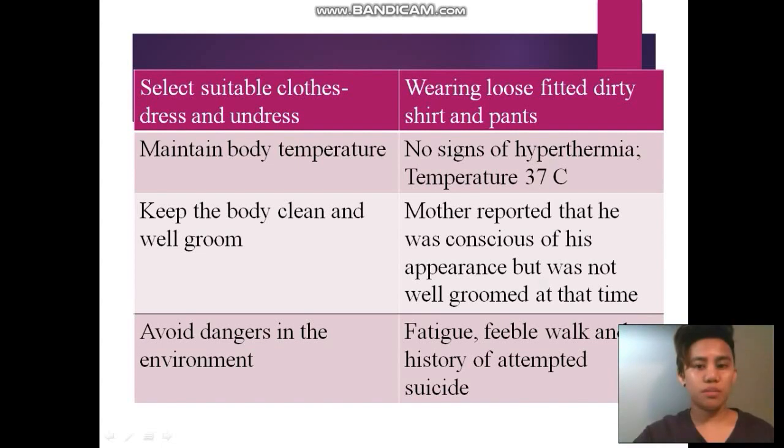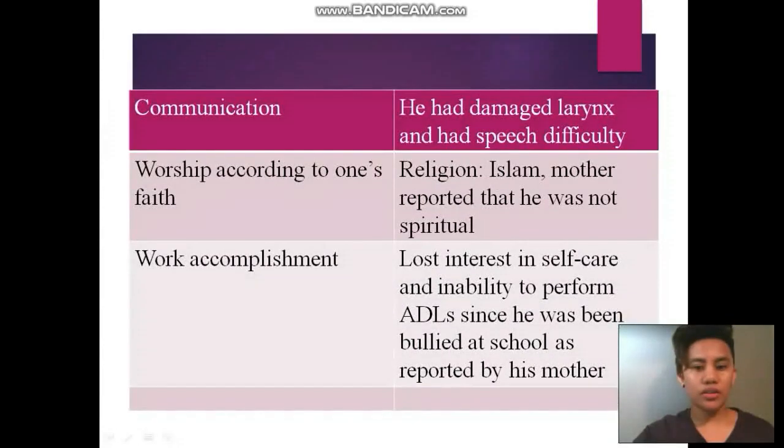On the need to keep the body clean and well-groomed, the mother reported he was conscious of his appearance but was not well-groomed at that time. On the need to avoid dangers in the environment, there's fatigue, feeble walk, and a history of attempted suicide. On the need for communication, the larynx was damaged and he has speech difficulty.